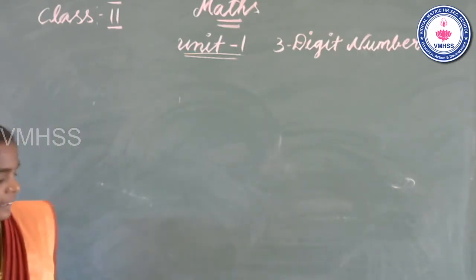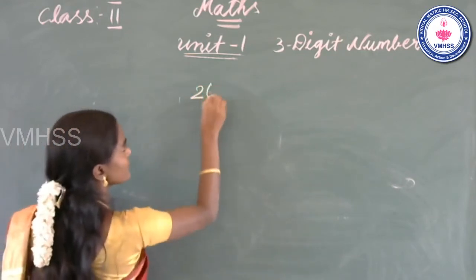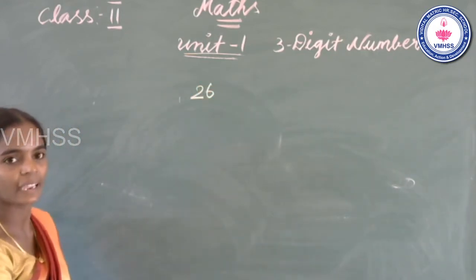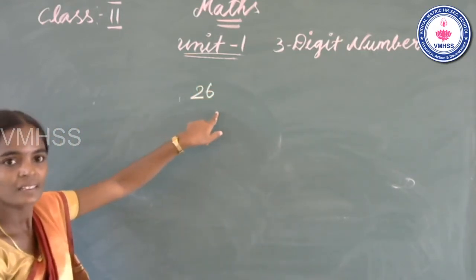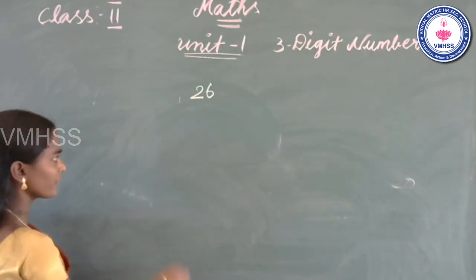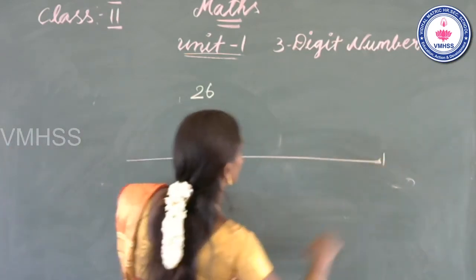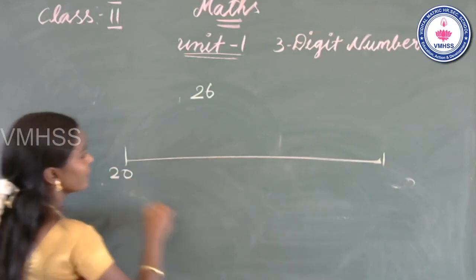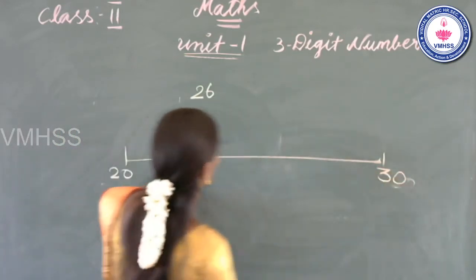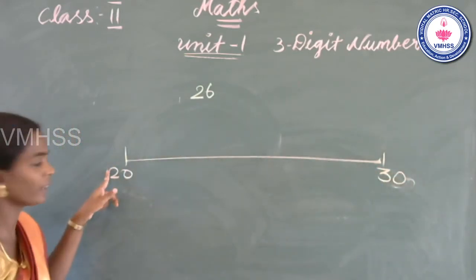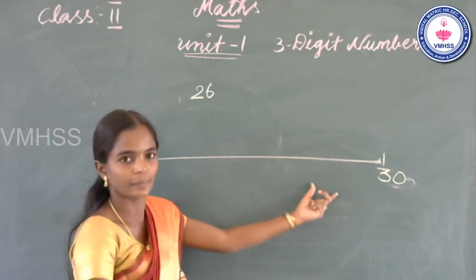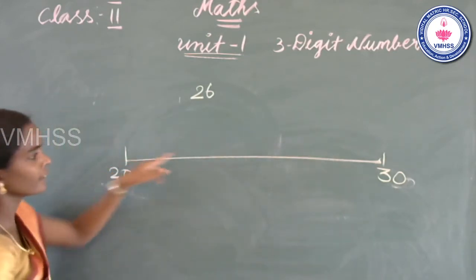Next we take the number 26. 26 comes between 20 and 30. So first we will draw the line.